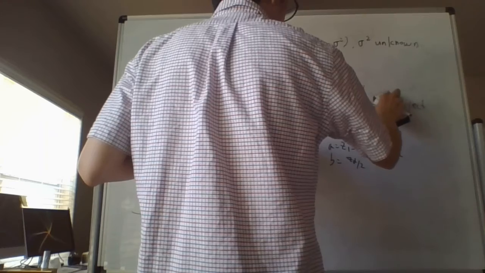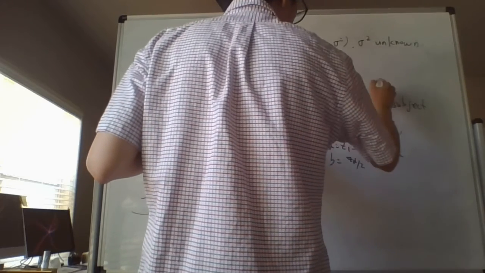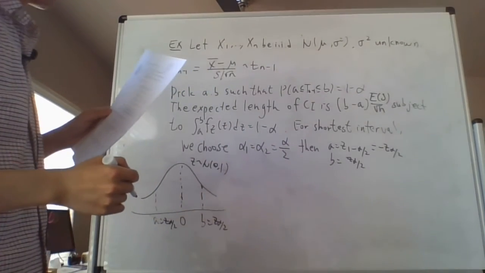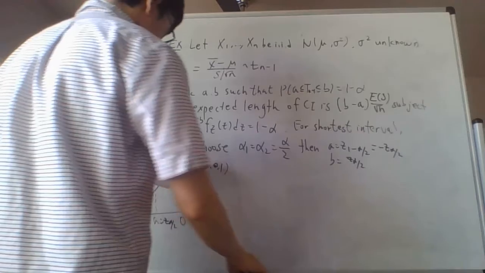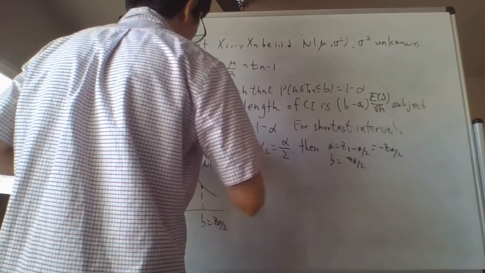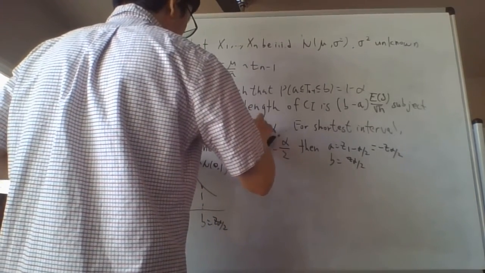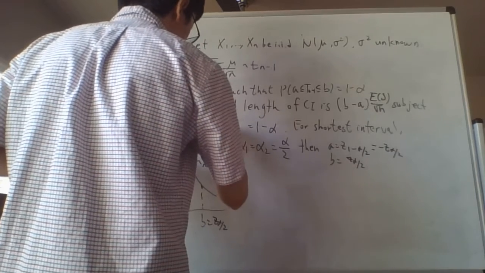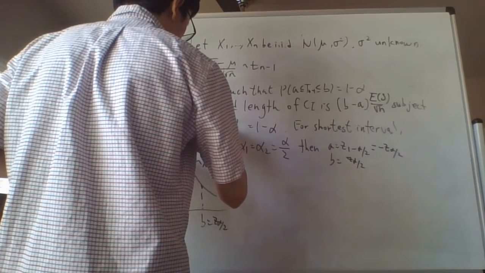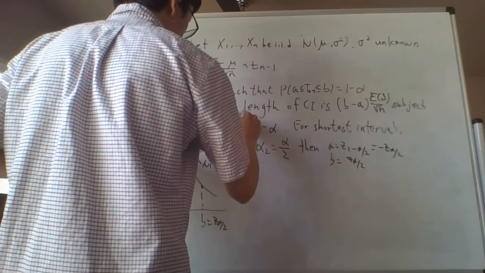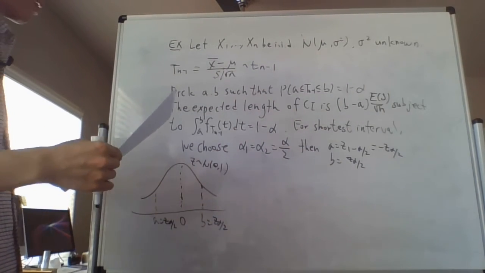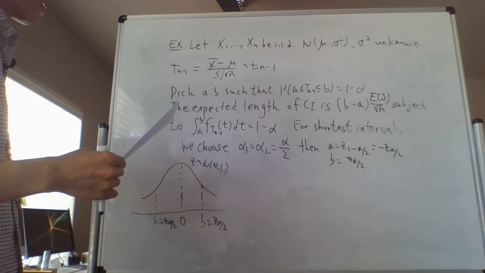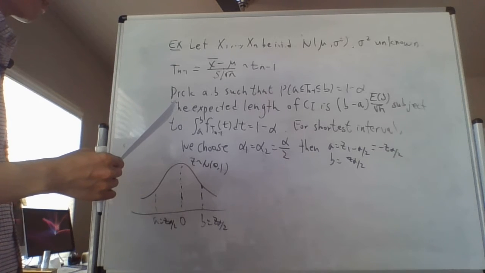The expected length of CI is B minus A times the expectation of S divided by square root of n, subject to the integration of the T distribution between A and B being equal to 1 minus alpha.